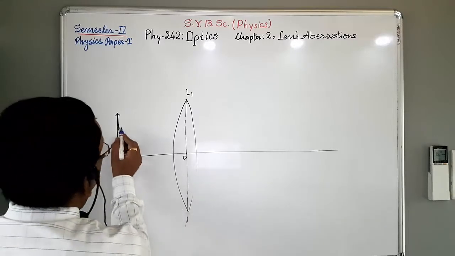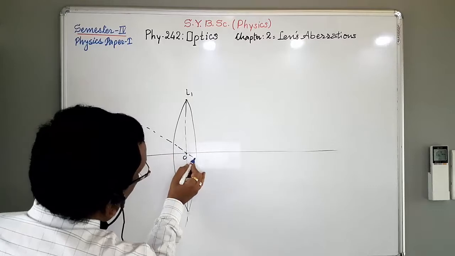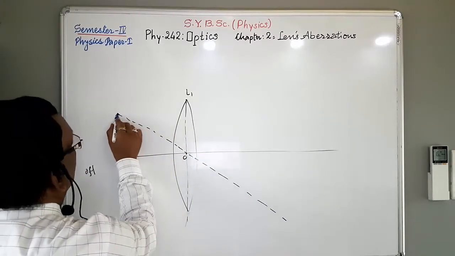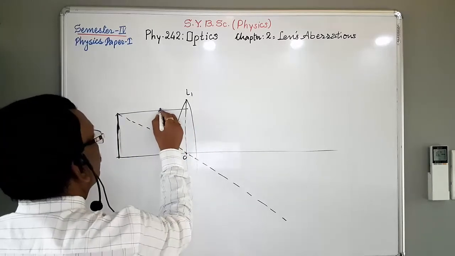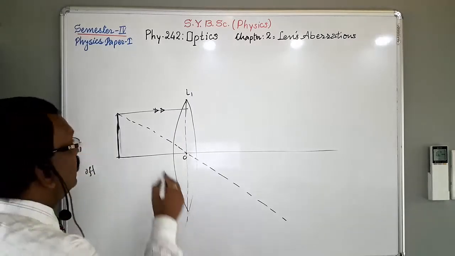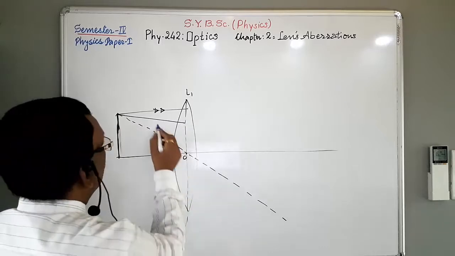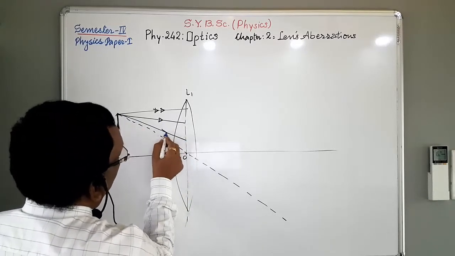So, see here, this is a ray, this is another ray, and this is another ray.